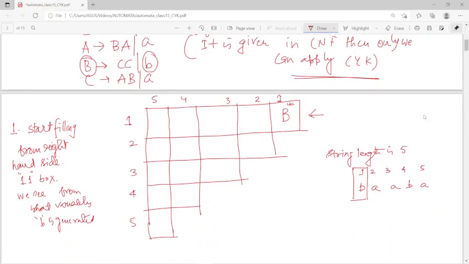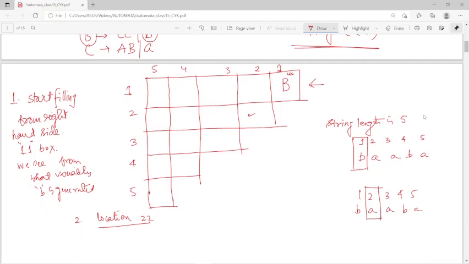Now we will see the next location, that is nothing but this one, location 2 2. That means 1 2 3 4 5, this is B A B A, so 2 2 means this location, right? So we have to say from what variables A is generated.